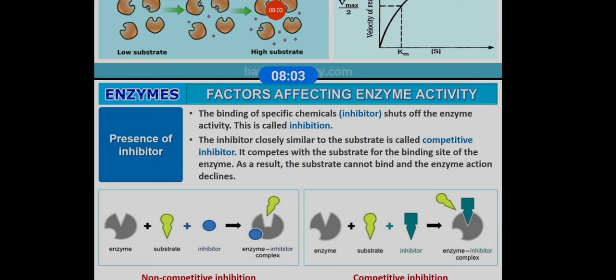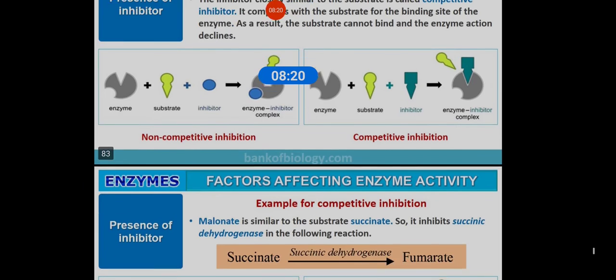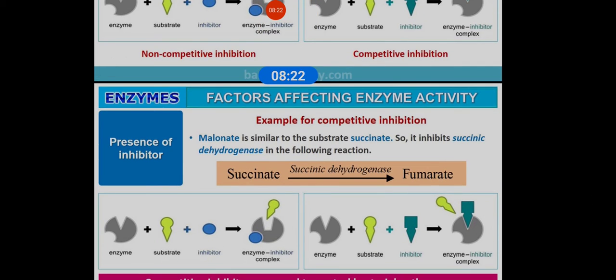Can you see over here? In the second diagram you can see that the substrate and inhibitor active sites are the same, so the substrate is not getting combined and the inhibitor combines with the enzyme to form an enzyme-inhibitor complex. So this is how the inhibitor stops the action of the substrate.